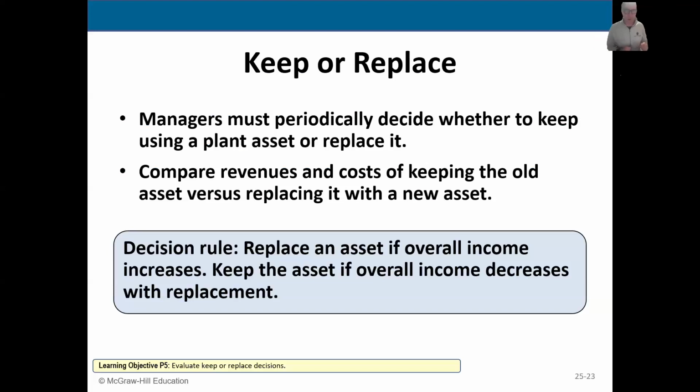The rule of thumb here is replace the asset if the overall income increases, or keep the asset if the overall income decreases with the replacement. Okay. With the chiller, it's difficult because it air conditions the whole building during the summer. My revenue might go down when the temperature of the room goes up. Right? Nobody wants to stay in a hot hotel room. They want to stay in nice air conditioning, especially in the summer.